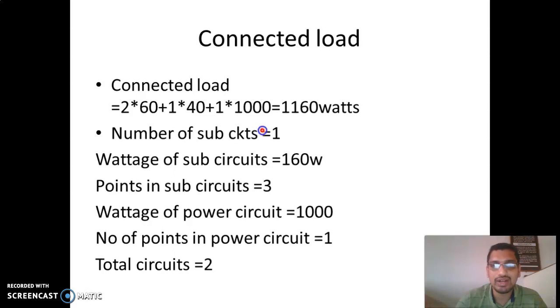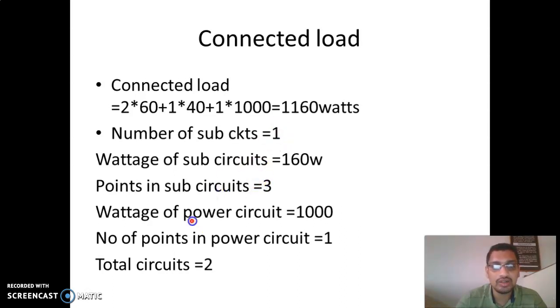We have only 3 sub-circuit points, 2 lights and 1 fan, and the wattage is 160 watts, below 800 watts. So we define the number of sub-circuits as 1.